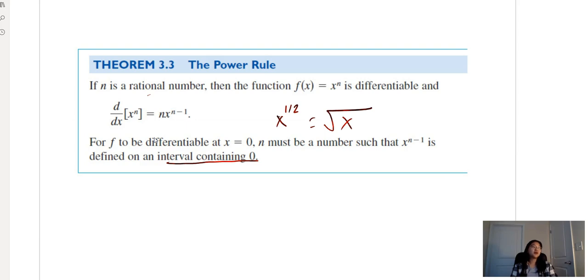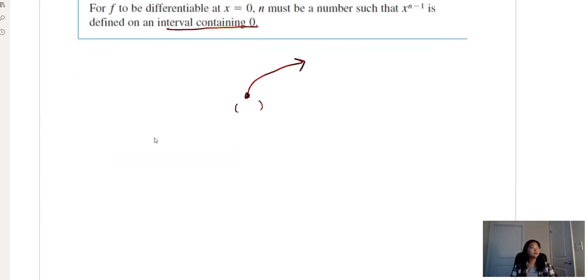Our function needs to be defined on an interval containing 0. So the problem with the square root function is that we don't have an interval that contains 0 as part of our domain for the function. All right.